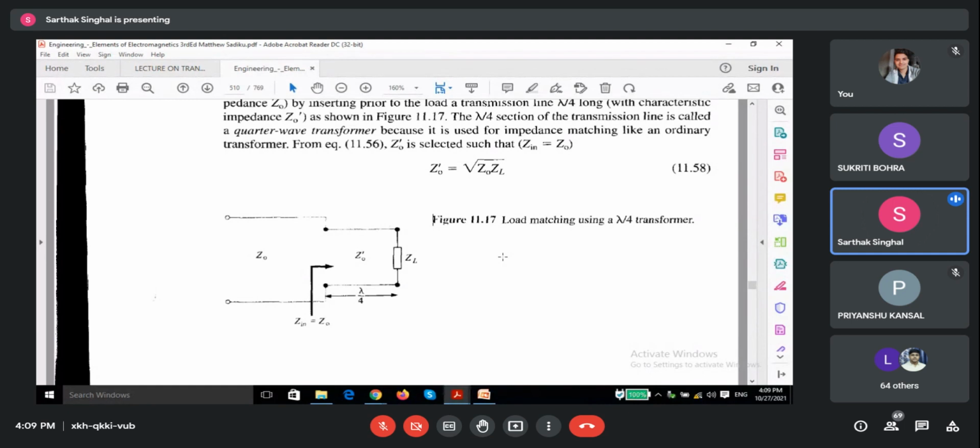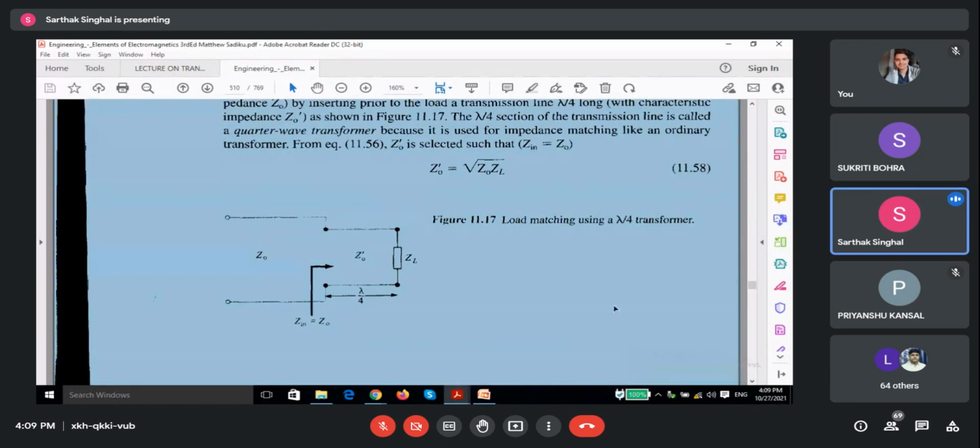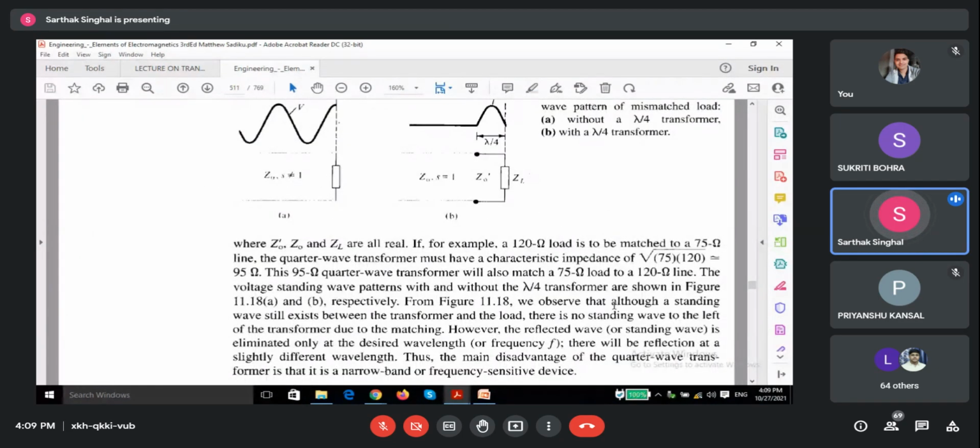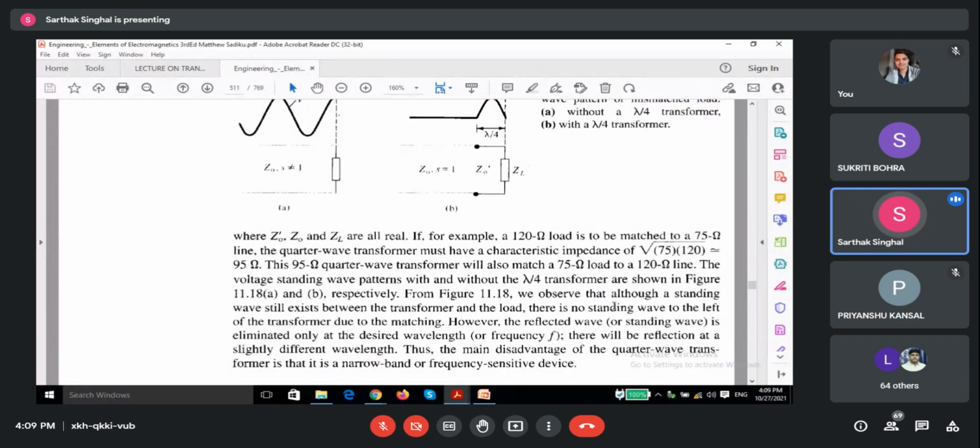So it was a frequency dependent solution with a very narrow band for its operation. This was the disadvantage of the quarter wave transformer section.